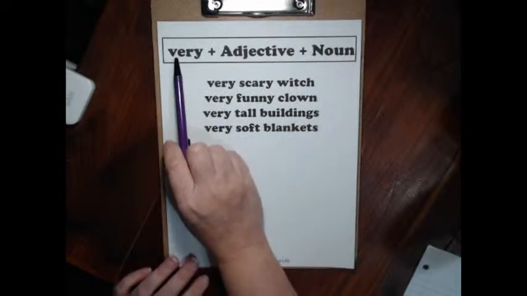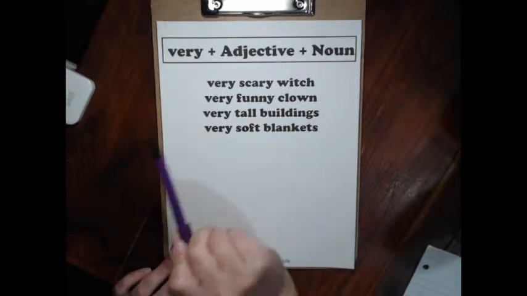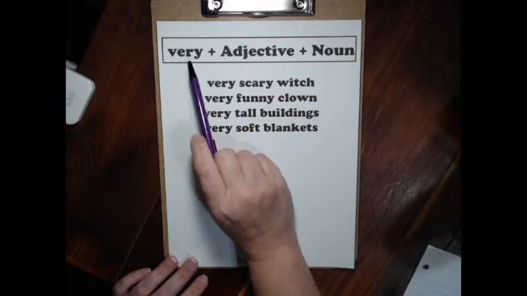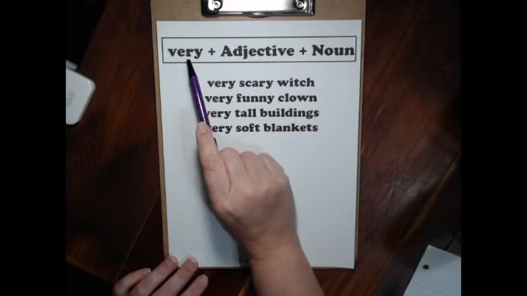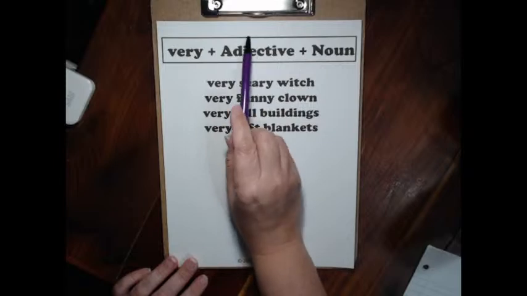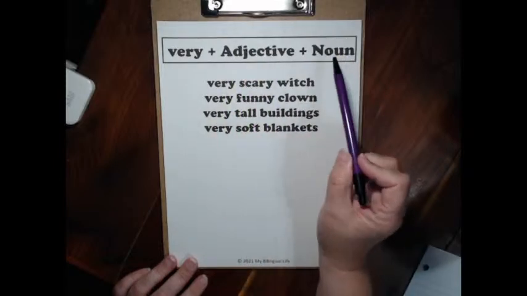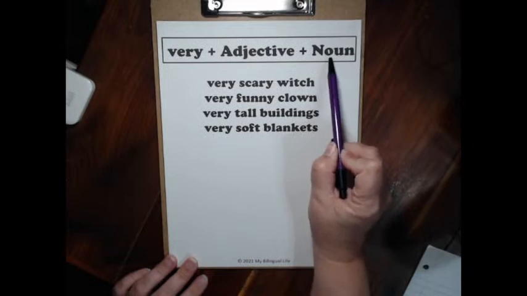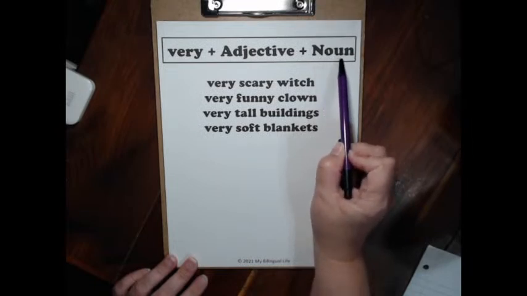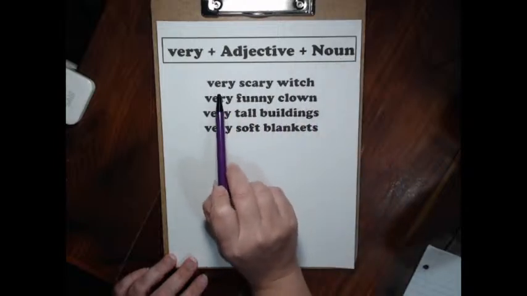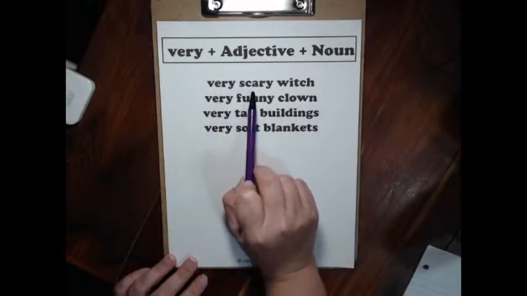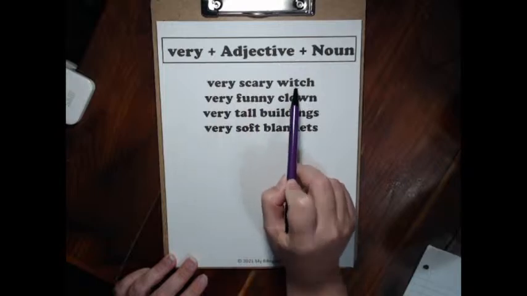If you want to use the word very, which means muy in español, and then your adjective, a word that describes something, and then your noun. This is what you're describing. So there was a little girl dressed as a witch, and she said she was a very scary witch.